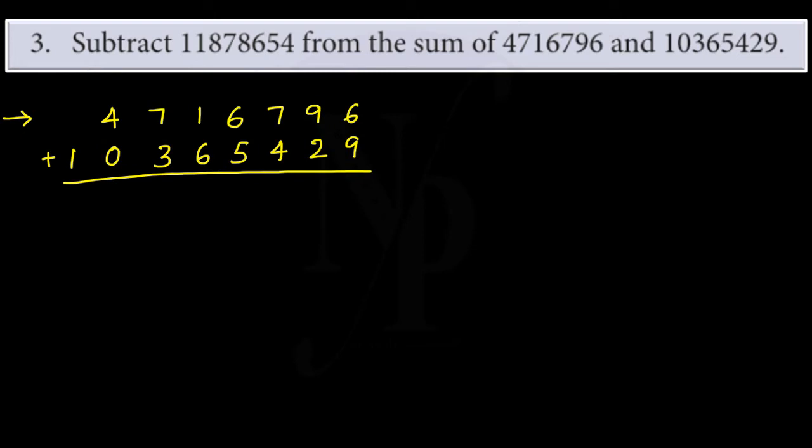So we have to add these two to get the sum. 6 plus 9 is 15. 1 is carried forward. 9 plus 1 is 10. 10 plus 2 is 12.